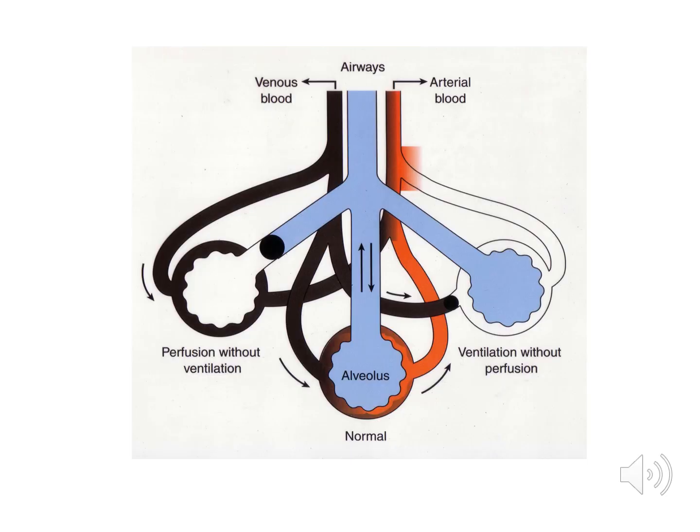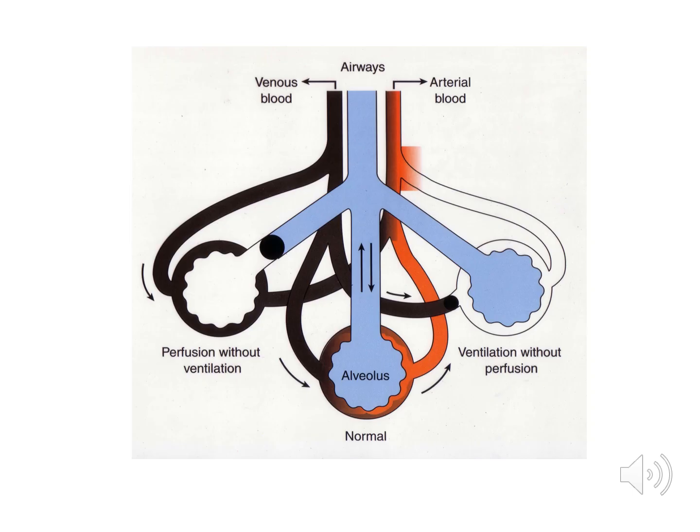The other kind of ventilation-perfusion mismatch is when you have ventilation without perfusion. If you look on the right side of this diagram, that's ventilation without perfusion. You see that the air is going into the alveoli very freely, but there's an obstruction in the pulmonary capillary, and that's preventing perfusion.